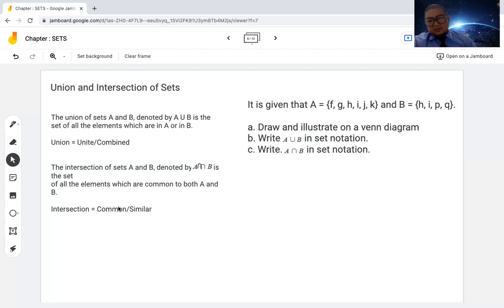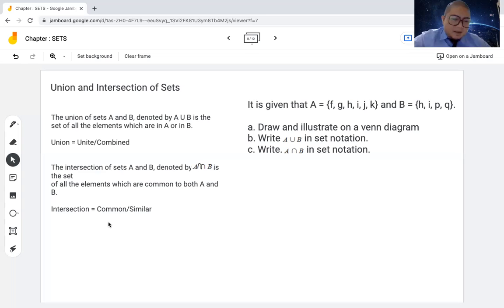Let's say, for example, AA: you cannot write the elements AA. Instead, you are just going to write one, which is A. Intersection means common and similar. So these are the things that have been repeatedly seen in the given sets.